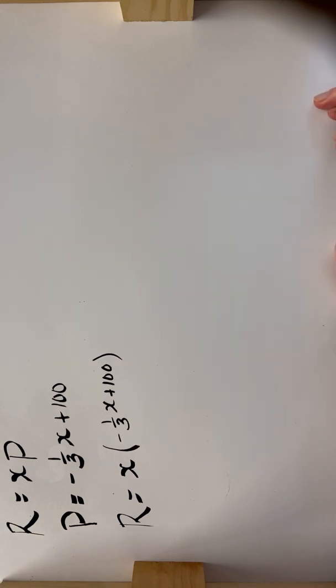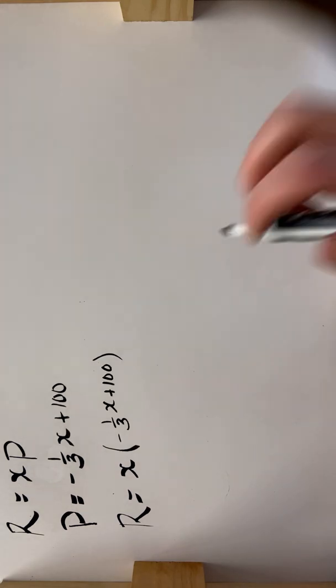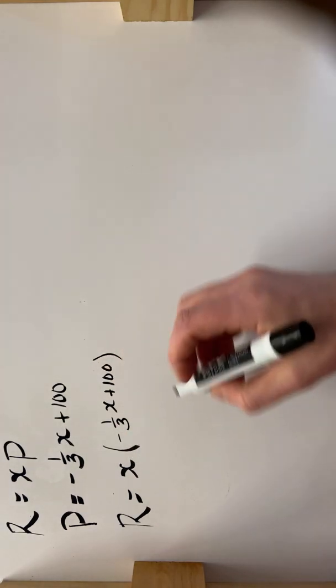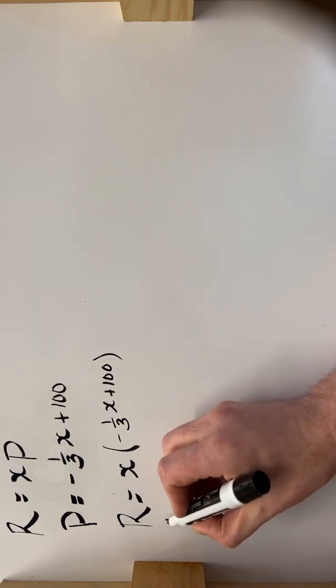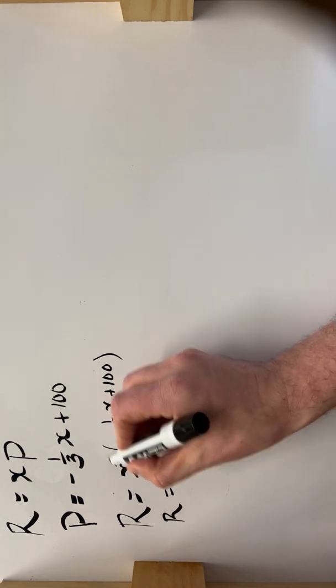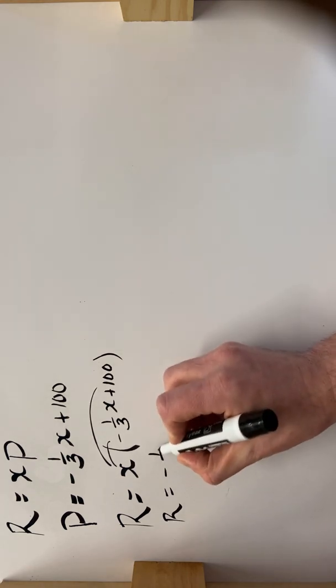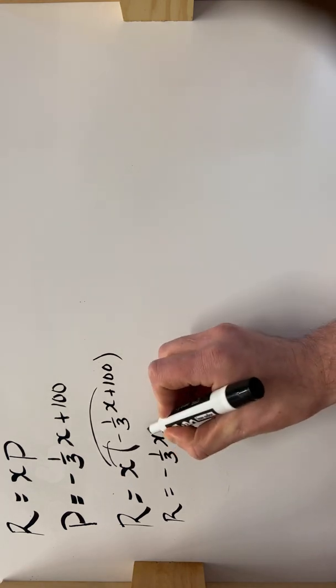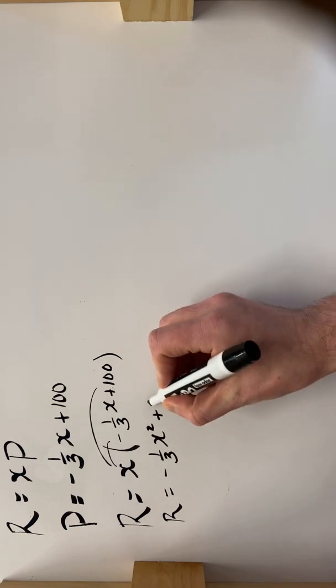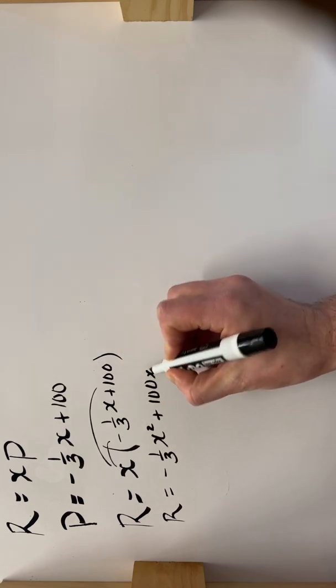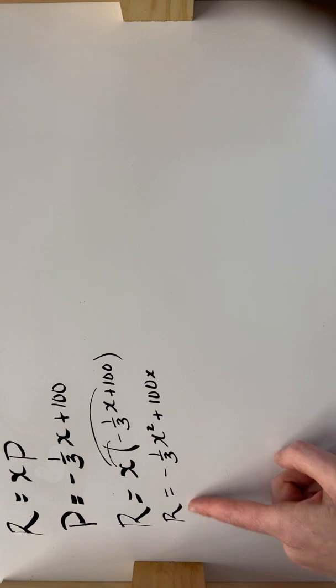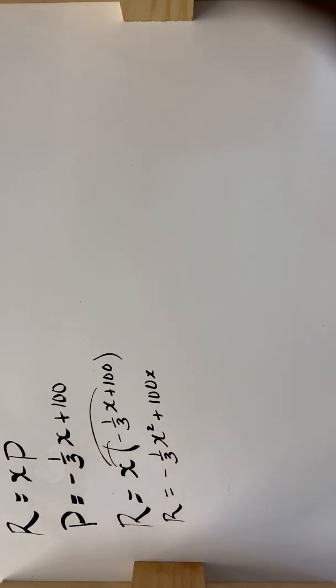And that's essentially the first part of the question. You could distribute out the X if I want. So I would have R is equal to X times minus 1 over 3X is minus 1 over 3X squared plus 100X. And that is R as a function of X. So that's the first part of my question done.